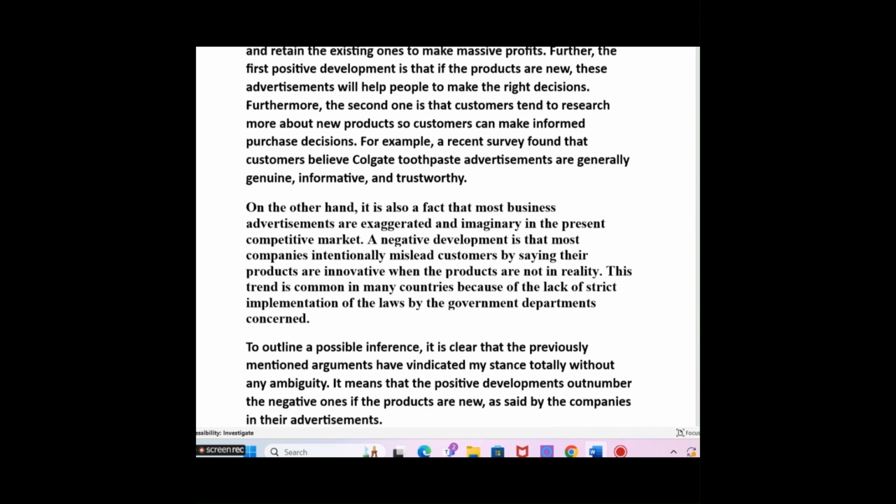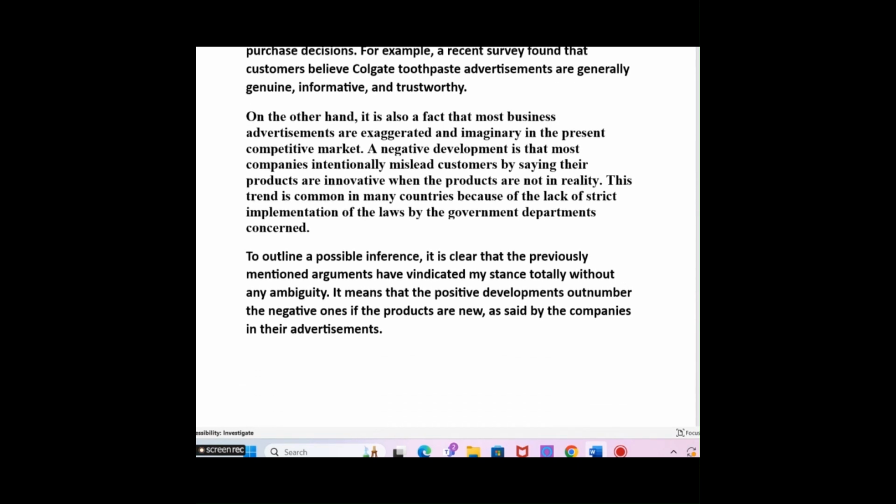Now move to the last paragraph, that is the conclusion. Study the conclusion. You may pause if you want, or you can take 4 or 5 seconds and study it. Now listen to me. To outline a possible inference, this is a fixed template. To outline a positive inference, it is clear that the previously mentioned arguments have vindicated my stance totally without any ambiguity.